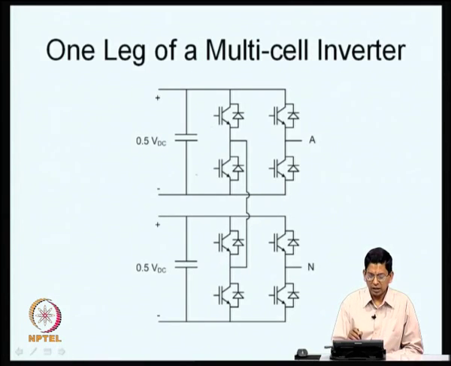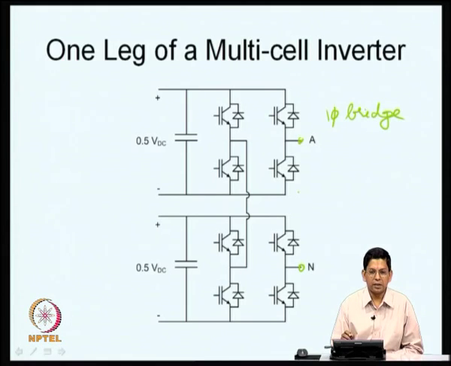So, this is another leg of what is called a multi-cell inverter. If you need different voltage levels between A and N, what you try doing here is you use one simple single phase bridge. You can connect 2 of them and make a connection like this, and between these 2 points you can have various voltage levels.